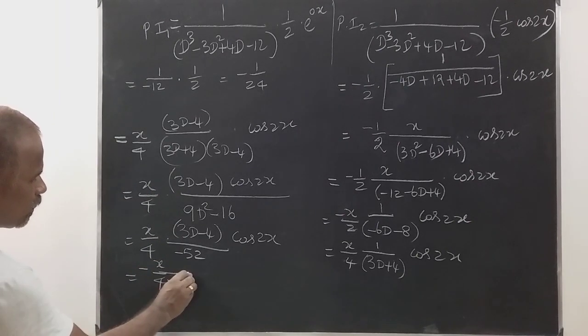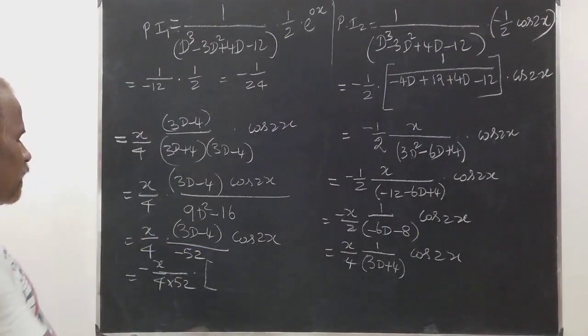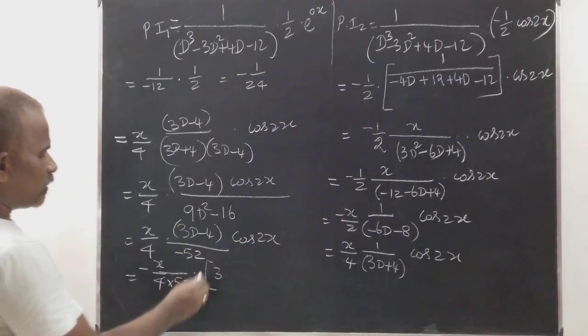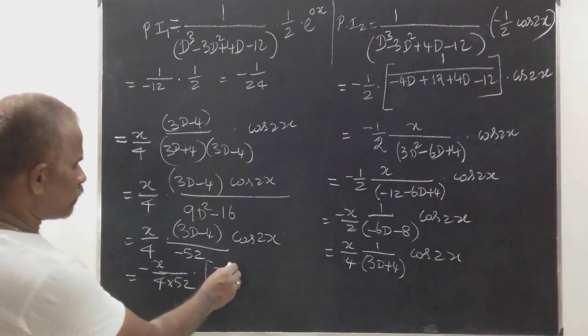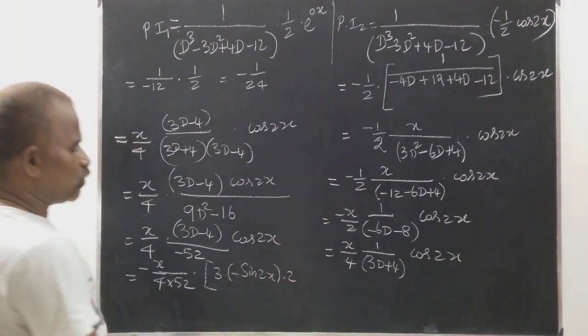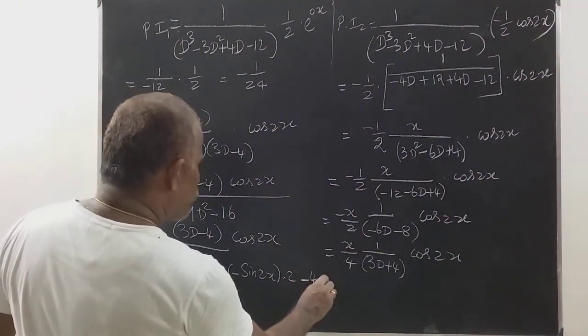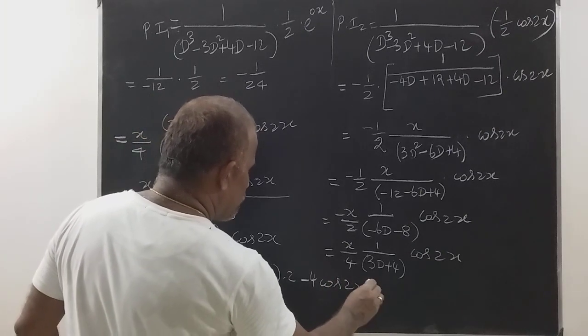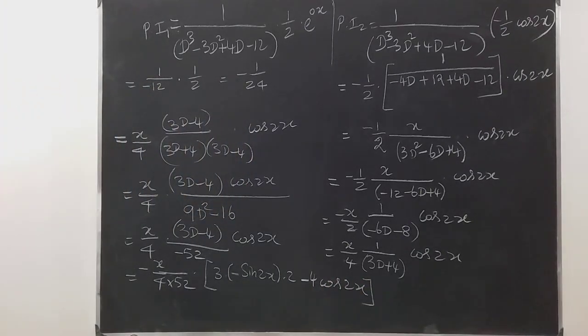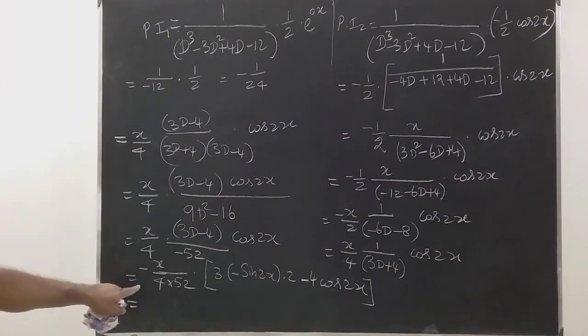So therefore again minus x by 4 into 52, into 3 times the differentiation. So 3 into differentiation of cos 2x is equal to minus sin 2x into 2, minus 4 cos 2x. So therefore I can write this is equal to, here is minus, so all minus we will take out, this plus.